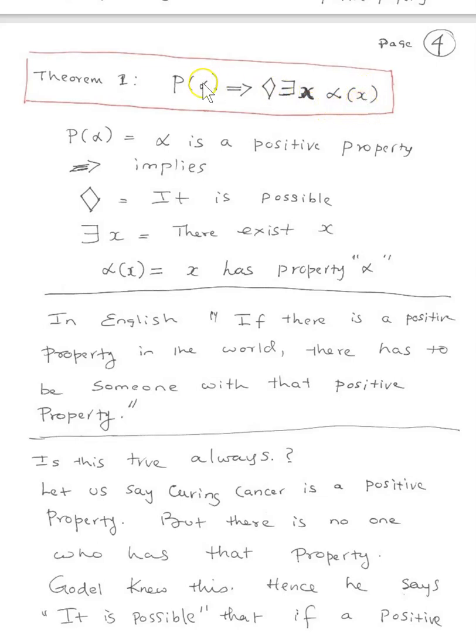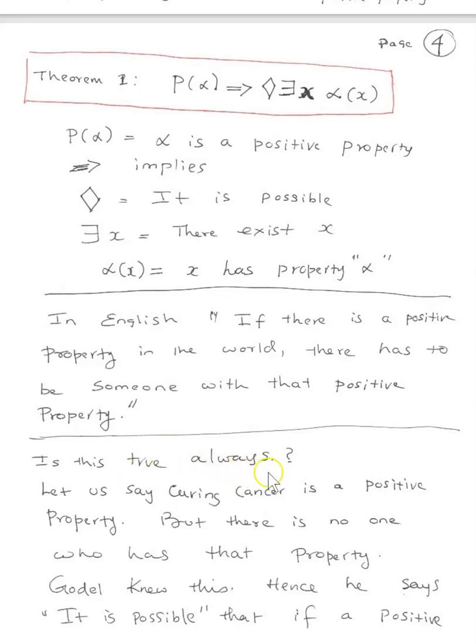So he's saying if there's a positive property, that implies it is possible that there exists a person with that positive property. If there's a positive property in the world, there has to be someone with it. In other words, if there is kindness in the world, which is a positive property, there has to be a person with kindness in the world.